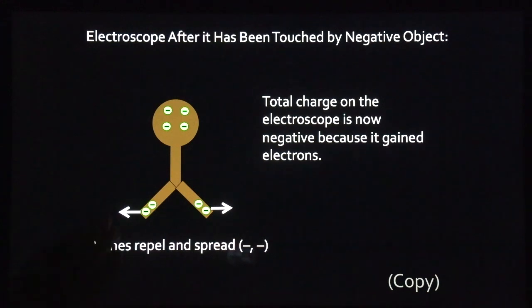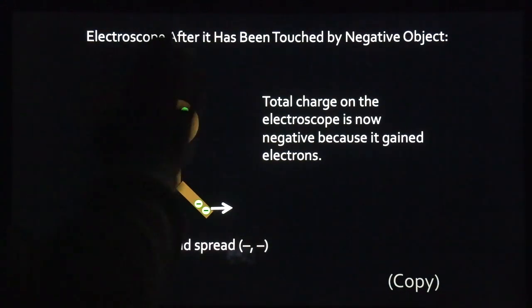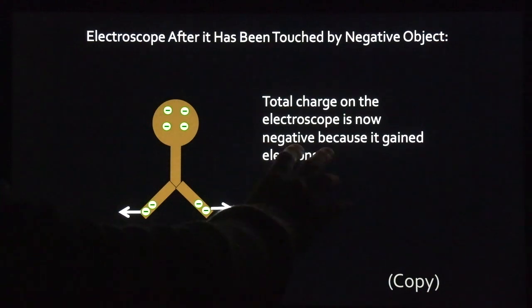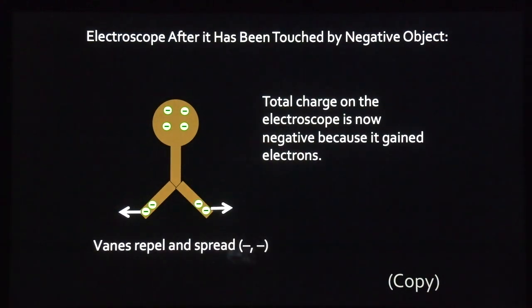Some of the electrons off that negative object that I touched on the top here jumped into the electroscope. And when I remove that negative object, now you see the electroscope does have a net negative charge, and that's why the veins spread apart and stay spread apart. So the total charge on the electroscope is now negative because it gained electrons. So go ahead and copy that down into your notes now.